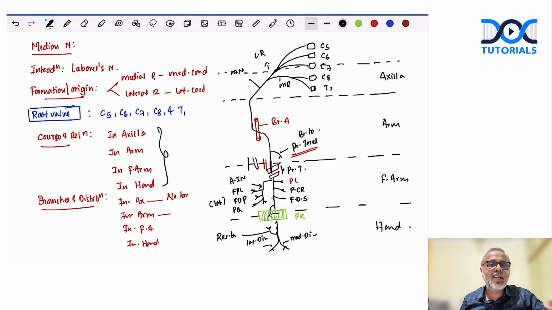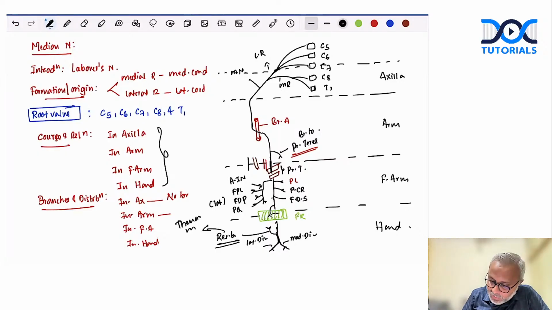Once it reaches the distal border of the flexor retinaculum, it gives rise to the recurrent branch, and this recurrent branch will supply all the thenar muscles. Now, what are the thenar muscles? The flexor pollicis brevis, then abductor pollicis brevis, opponens pollicis. So all these three thenar muscles are supplied by the recurrent branch, and what happens later? It divides into a lateral division and a medial division.